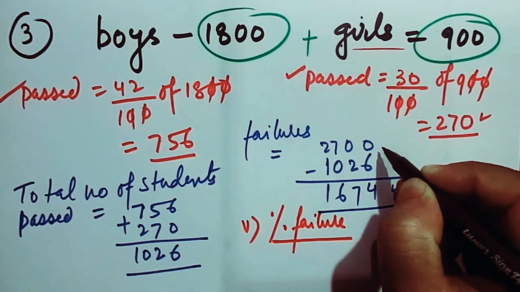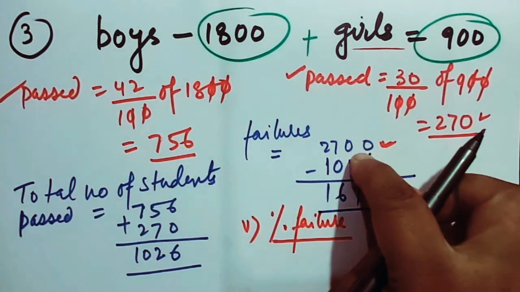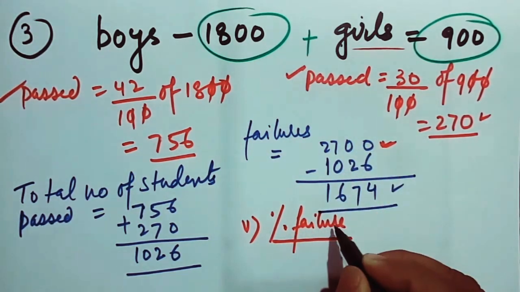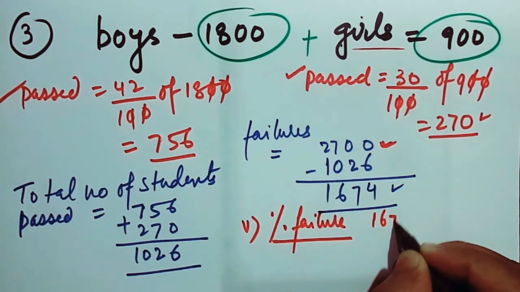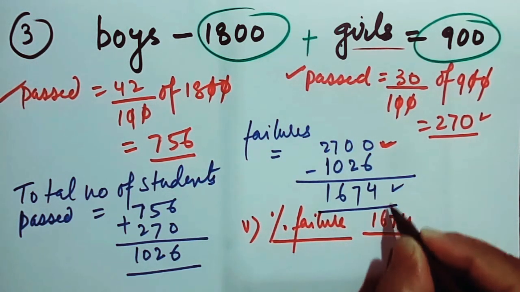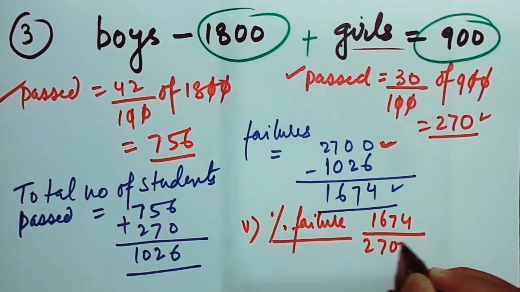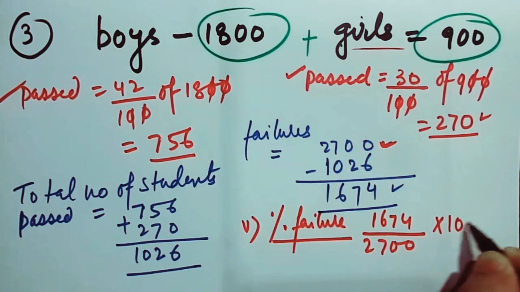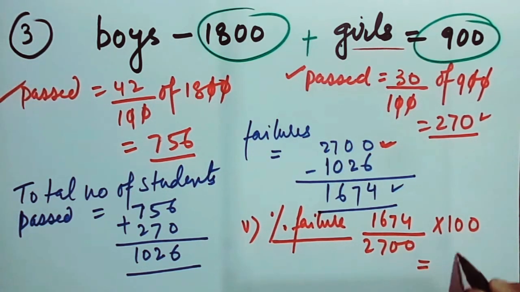The original value was 2700. So percentage failure will be equal to 1674 divided by 2700 multiplied by 100. So when you solve this, naturally you will get 62%.